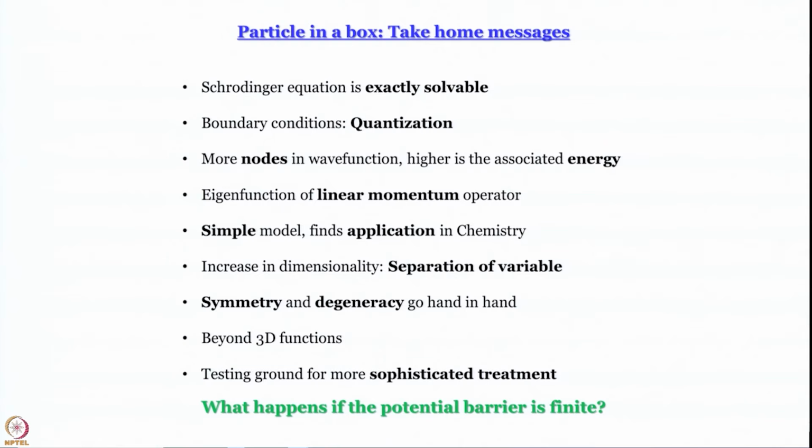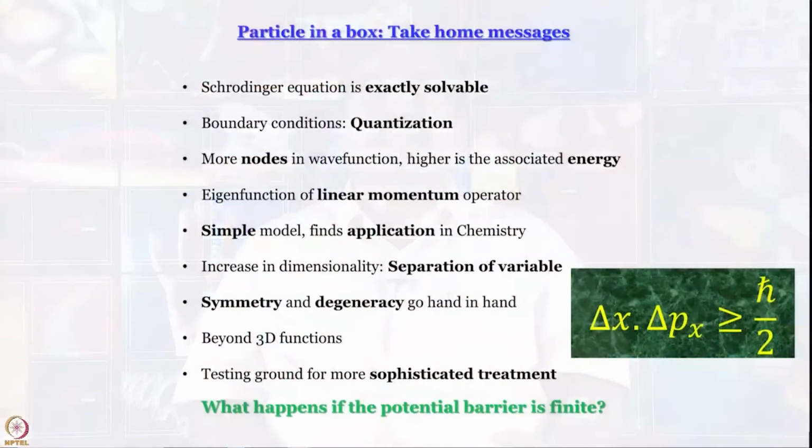So, to conclude this part of the discussion, the particle in a box model has provided a testing ground for more sophisticated treatment that we are going to see once again later on when we talk about approximation methods. And the question we stopped with in the last module is what happens if the potential barrier is finite instead of being infinite.